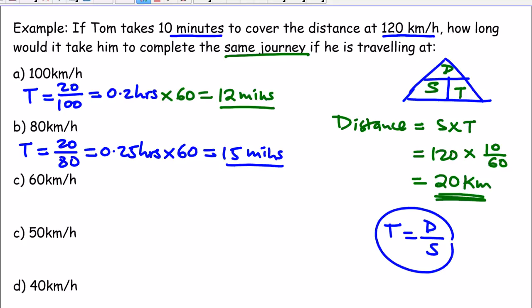Here again, you have 20 over 60, which will give a decimal, but write it as a fraction, a third of an hour. Multiply that by 60, and you'll end up with 20 minutes.